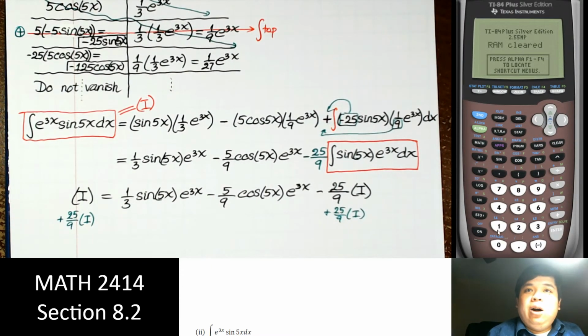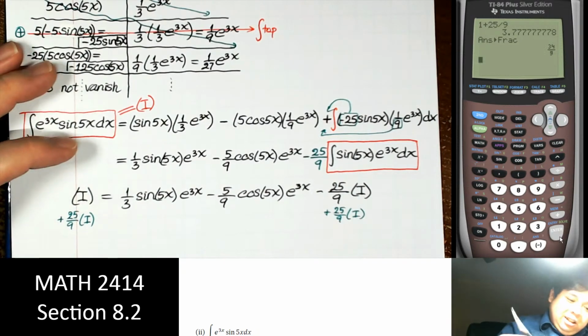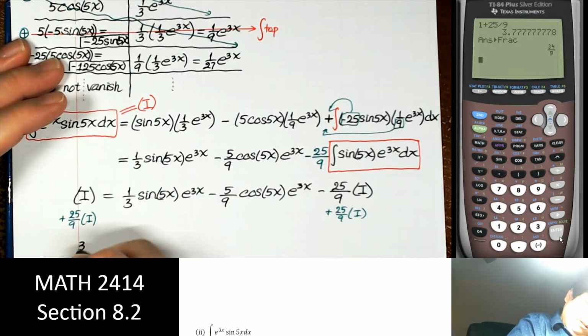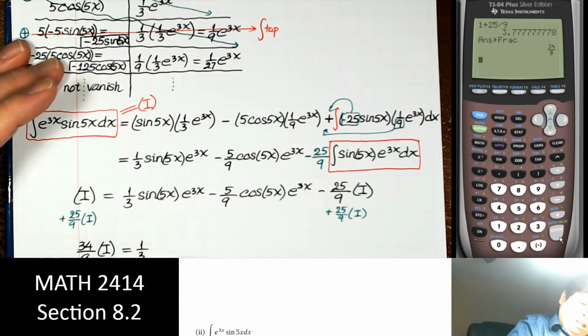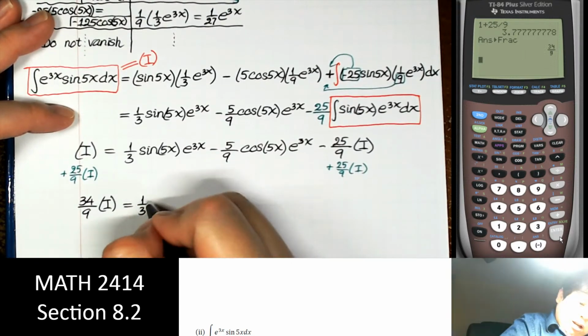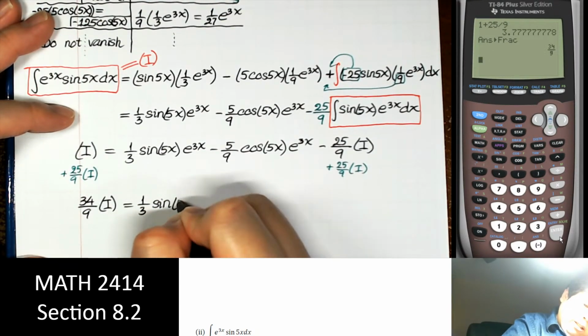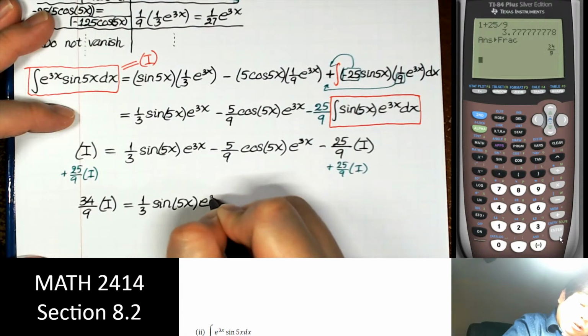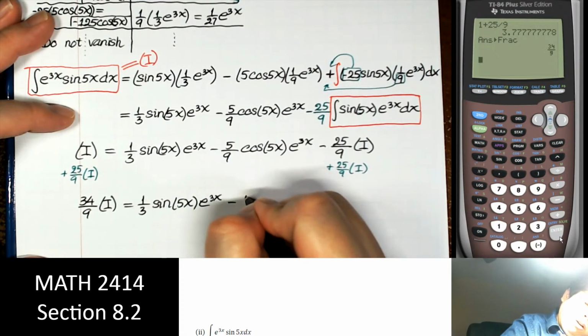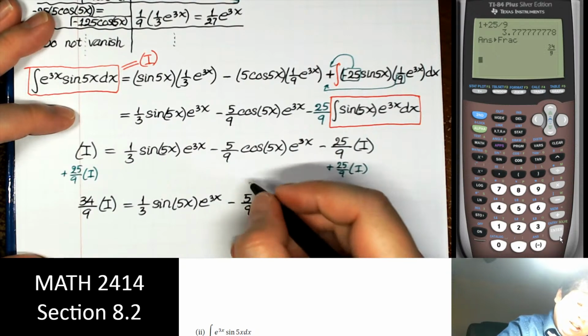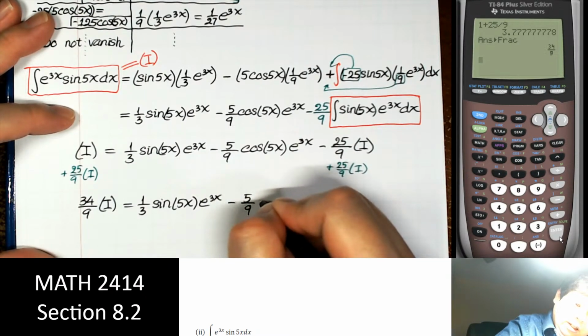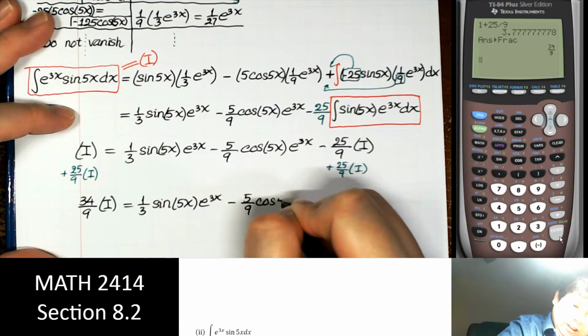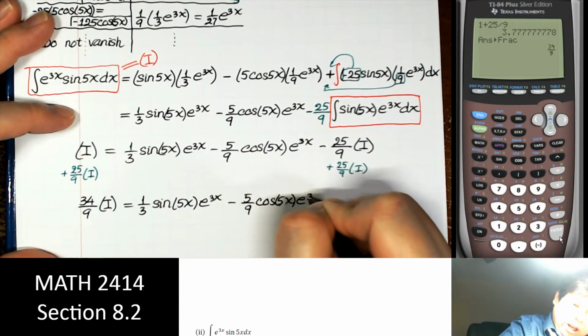So 1 plus 25 over 9 is the fraction 34 over 9, of the integral I, times 1/3 sine of 5x e to the 3x minus 5 over 9 cosine of 5x e to the 3x.